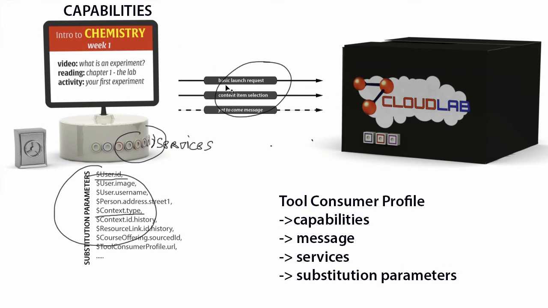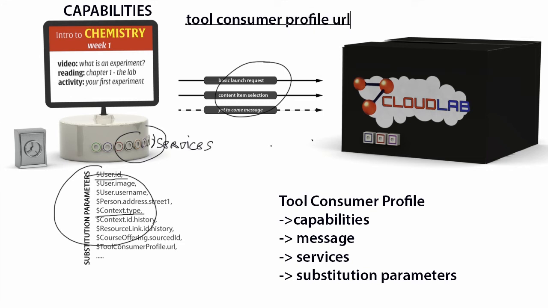The tool consumer profile was introduced with LTI 2.0 and is also being used in LTI 1.2. So basically, one of the main additions of LTI 1.2 to LTI 1.1 is that it allows the tool consumer profile URL to be passed on launch.